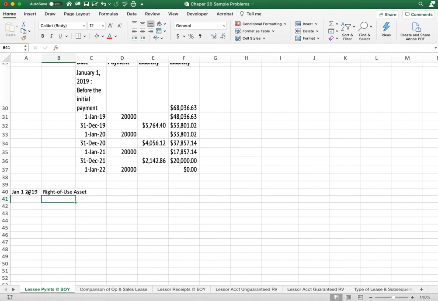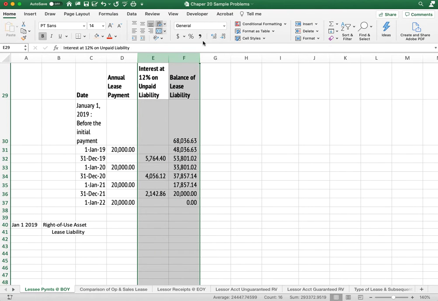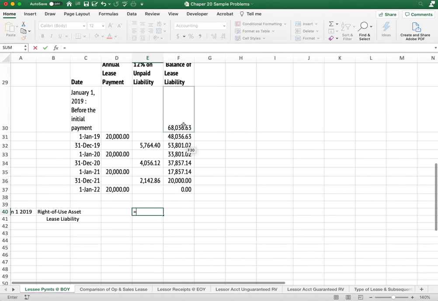And the credit that would go with that would be our lease liability. And actually, let me change all of these to comma formatting. And so the right of use asset would be that $68,036.63.